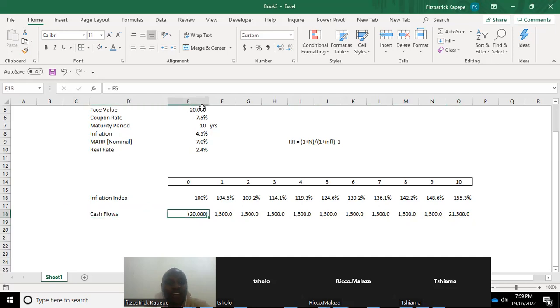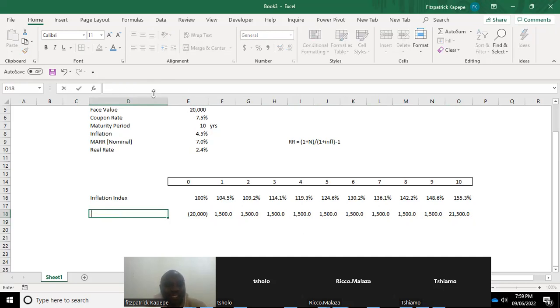So this is what you have. Basically, when you look at this, this is basically the value of money. In short, this cash flow is nominal.